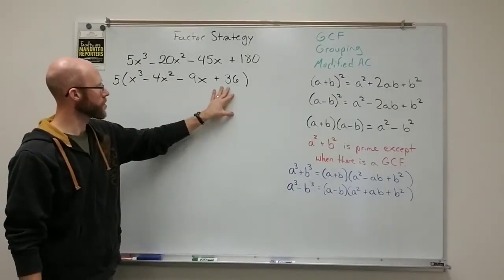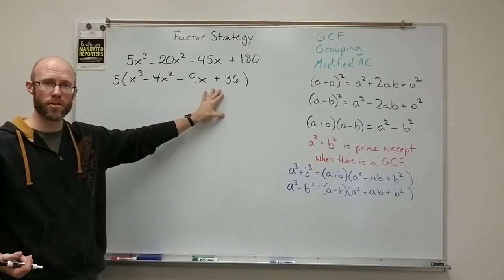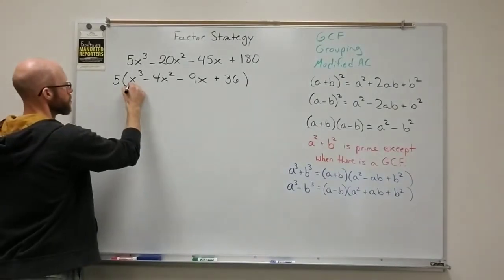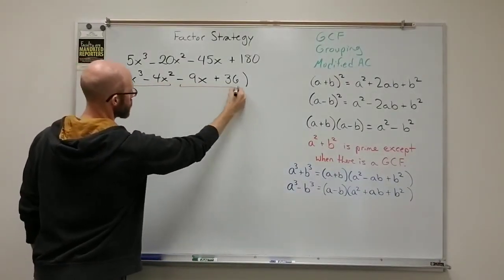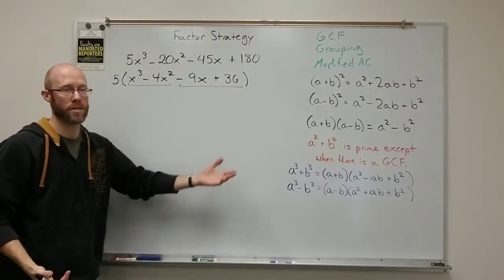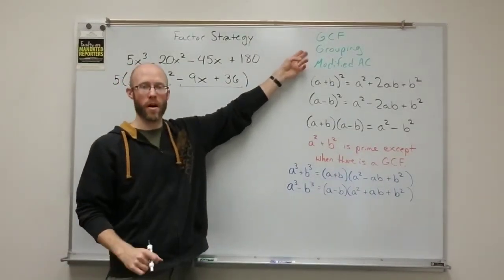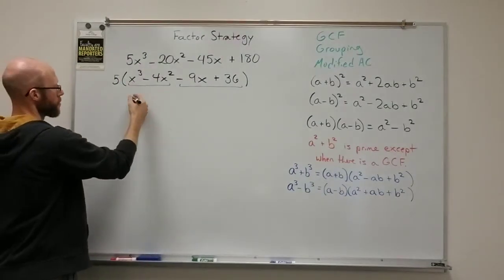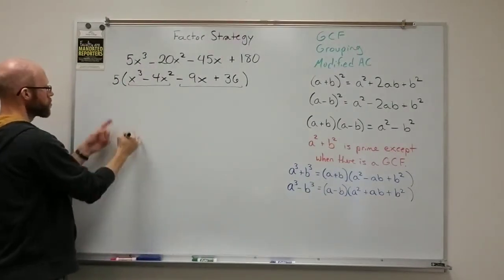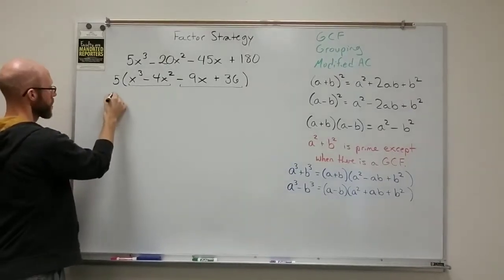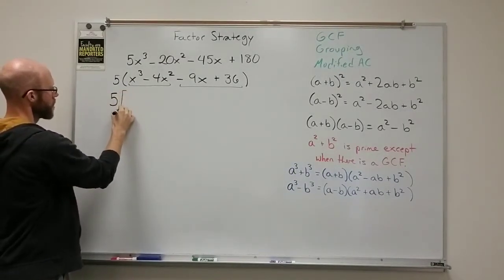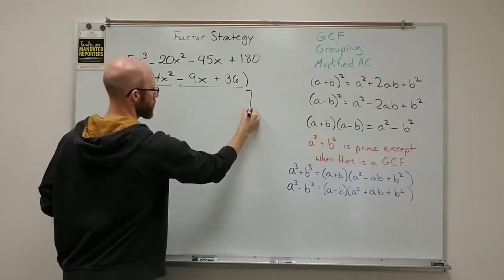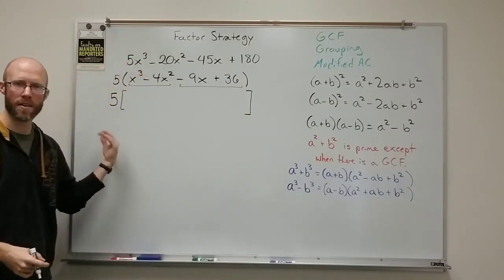So once I've got it into a smaller form, I've pulled out the GCF, so all my terms are a little bit smaller. I'm going to look at grouping, because that's the only real option for 4 terms. And I'm going to take the first 2 terms together. Now I can't lose this 5, okay? Can't lose the 5. The rest of this factoring, I'm going to put in brackets here just to keep the 5 sort of separate.